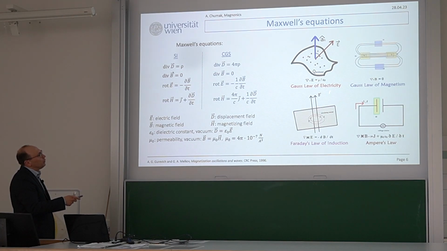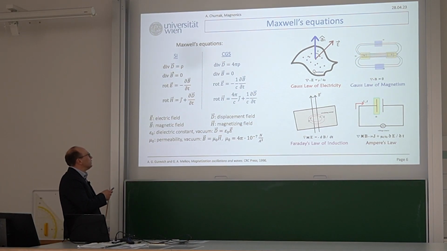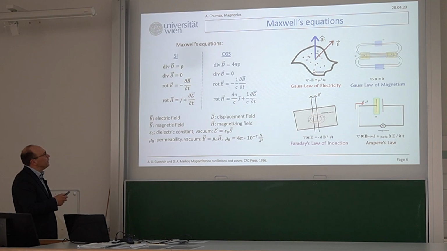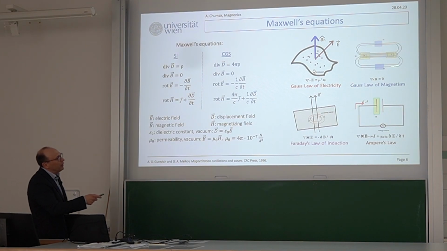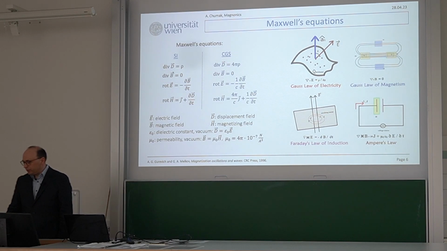The second one is the Gauss law of magnetism, which shows that the divergence of B, the magnetic induction or magnetic field B, will be 0. It means that our magnetic lines should always be closed, which gives us the fundamental outcome that there are no magnetic monopoles.